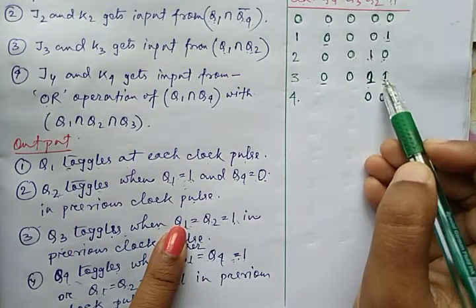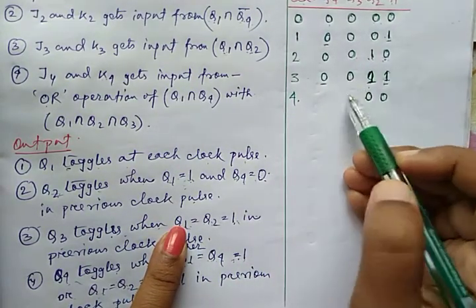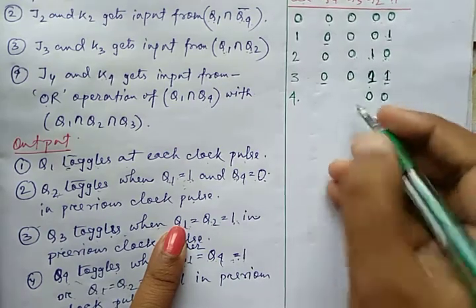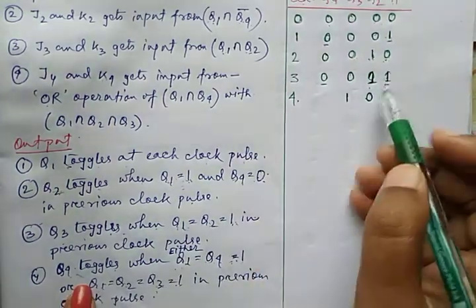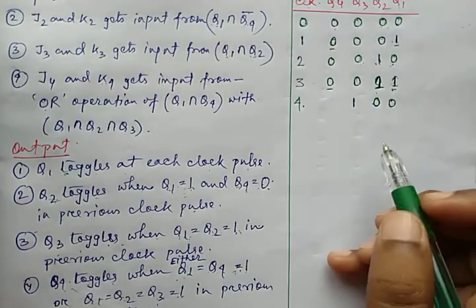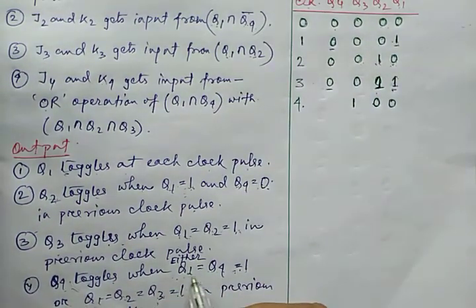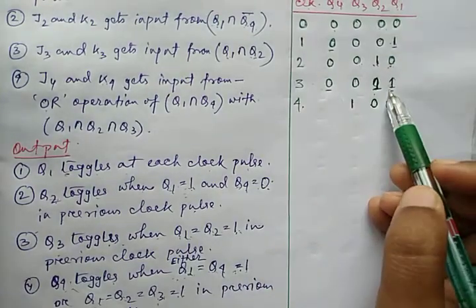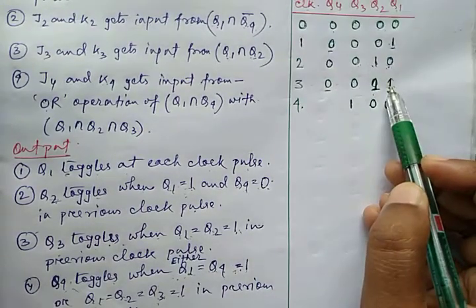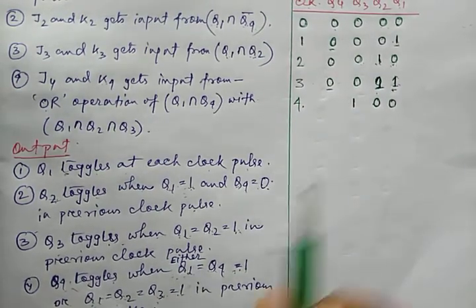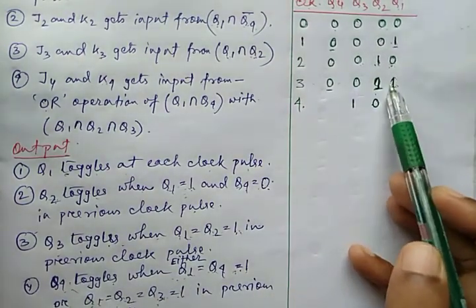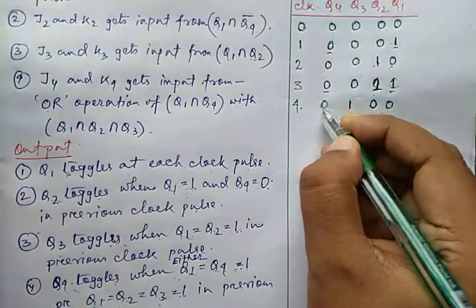Q1 and Q2 were both 1, so Q3 also toggles; previous was 0, now it will be 1. Q4 toggles when Q1 and Q4 are 1, but they were not both 1, or when Q1, Q2, Q3 are 1, but they were not all 1, so this will also not change.